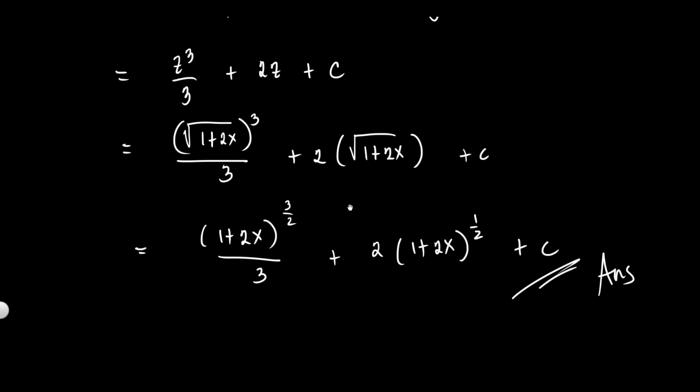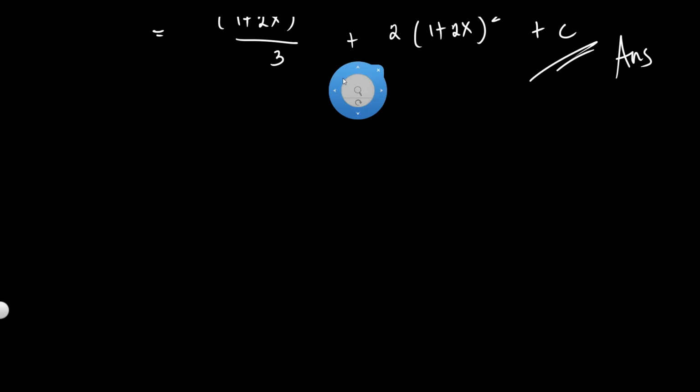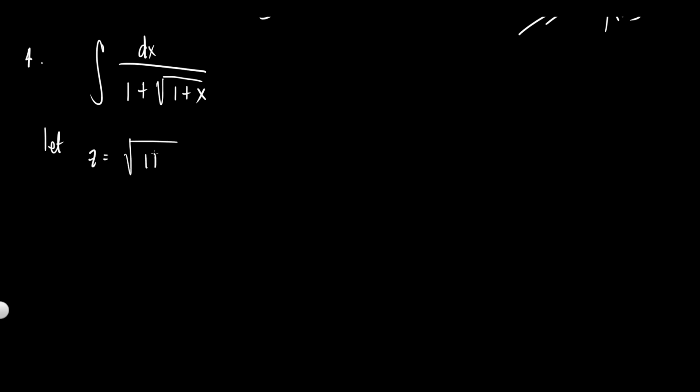Okay, isa pa. Number 4. The integral of dx over 1 plus the square root of 1 plus x. So again, we need a new variable of integration. We let z be equal to the square root of 1 plus x.